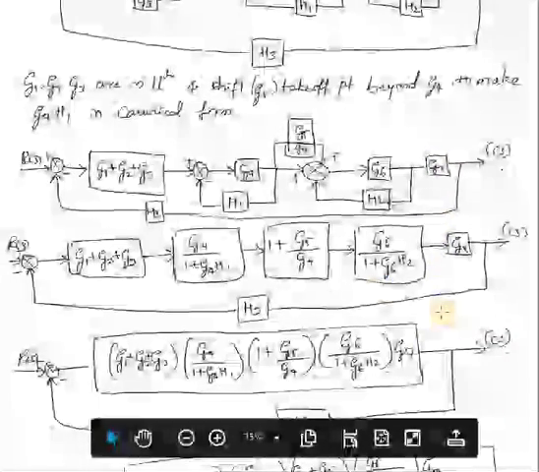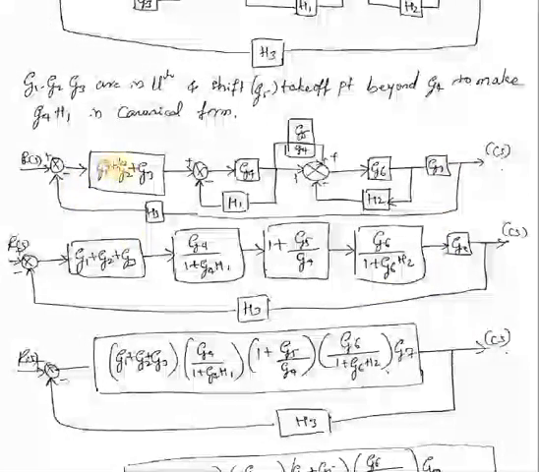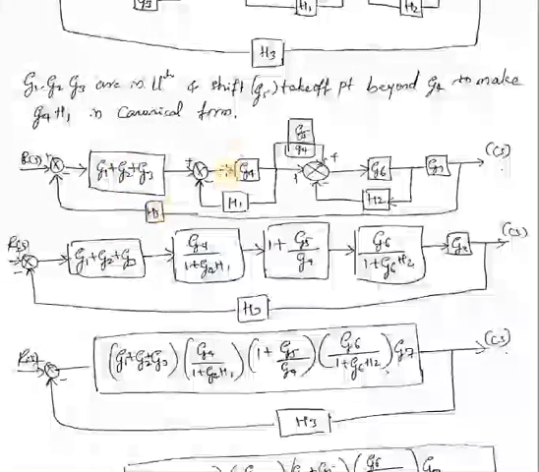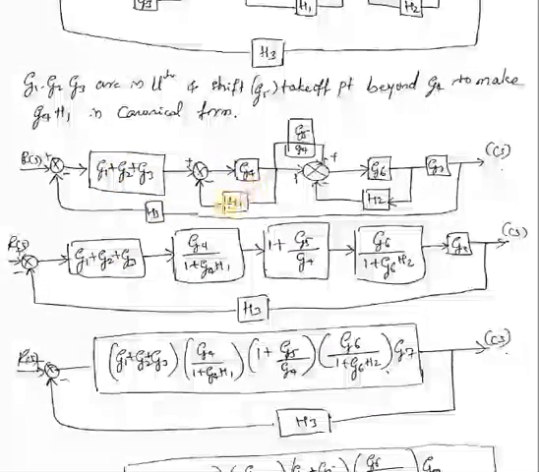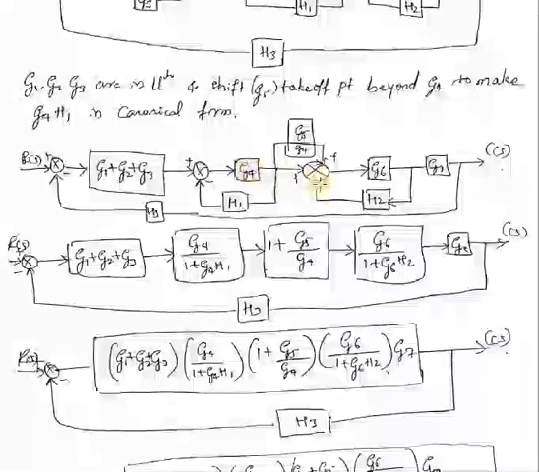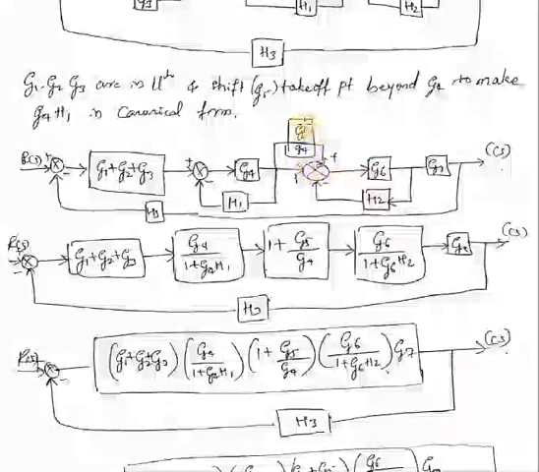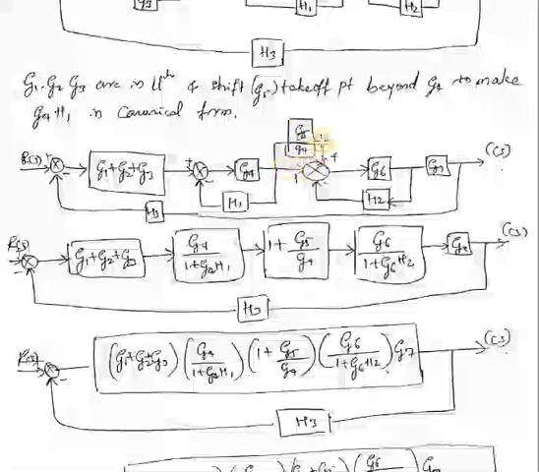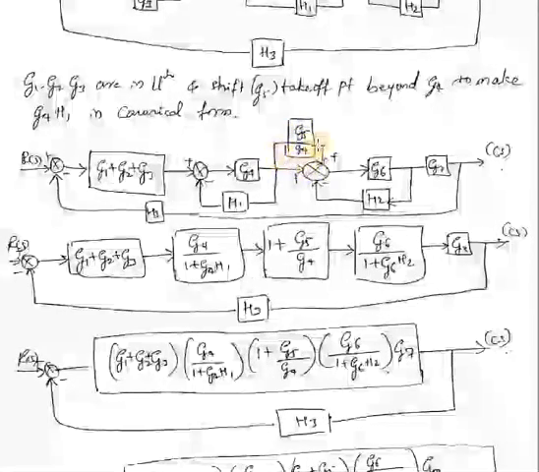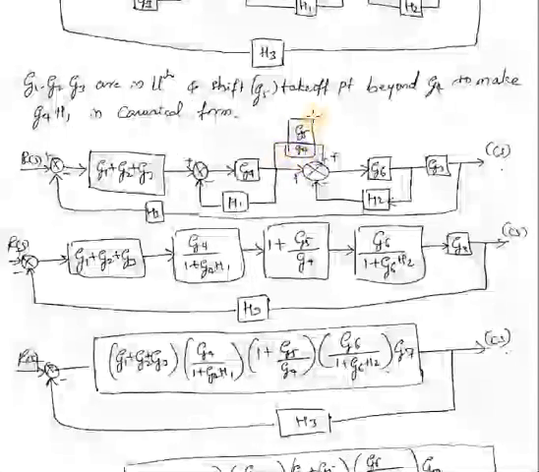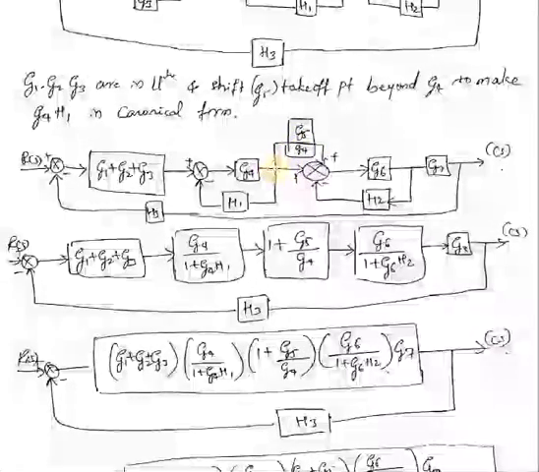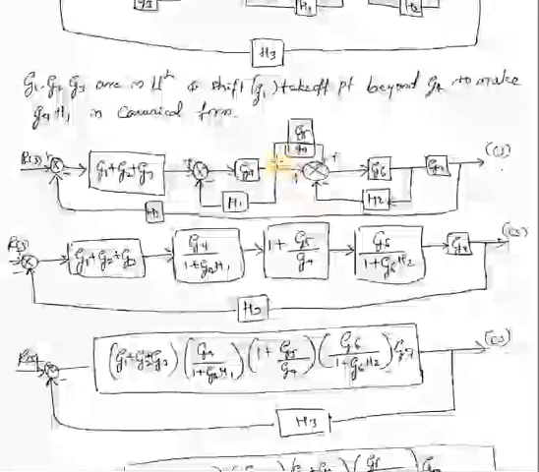Now you can see this block as it is. Here this portion is making a canonical loop and this portion is making a canonical loop. And what about this? It is not a canonical loop. It is a parallel combination, because this is in the forward path and this block is also in the forward path.